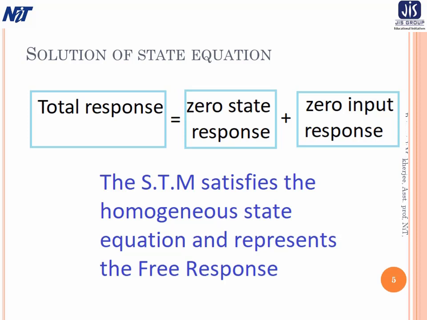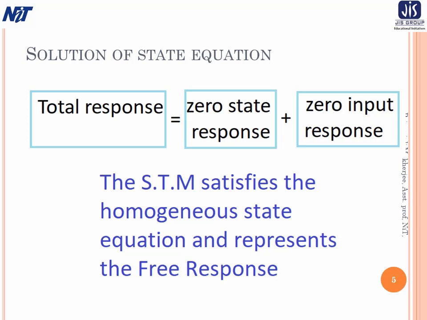The zero state response means the output of the system due to the inputs only, and we assume that all initial conditions of the system are zero in this state. The zero input response means the response due to only the initial conditions, and all the inputs to the system will be zero.